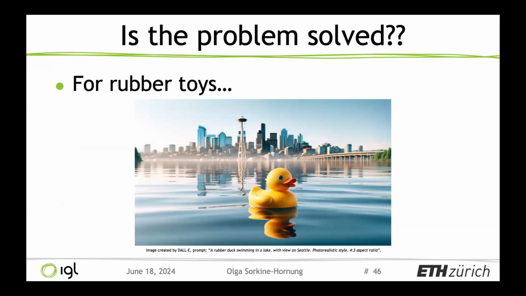So, basically, I've shown you what happened from the early 2000s till, let's say, mid 2010, 2013, something like that. So the question is, is the deformation problem solved? What are we even doing here? And what I say is that, yes, it's solved for rubber toys. I think it is, but not all objects are made of rubber.